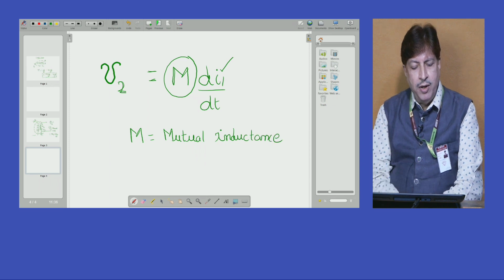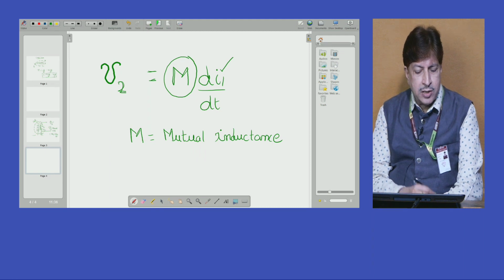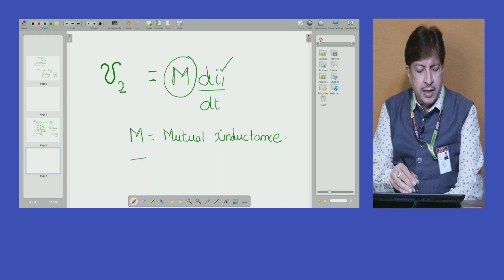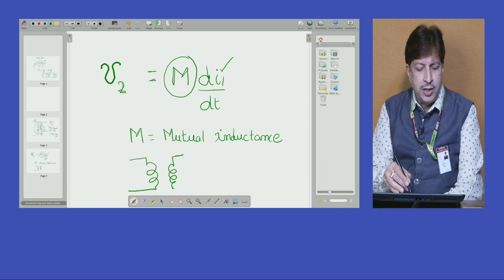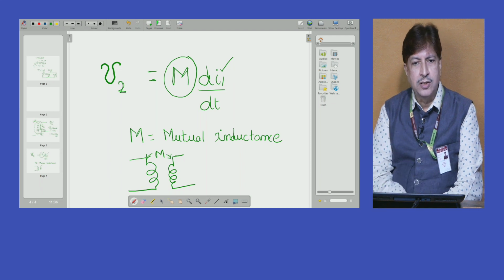Mutual EMF induced in coil number 2 depends on a constant called mutual inductance between the two coils. In the representation of coupled circuits we always represent M between the two coils like this.